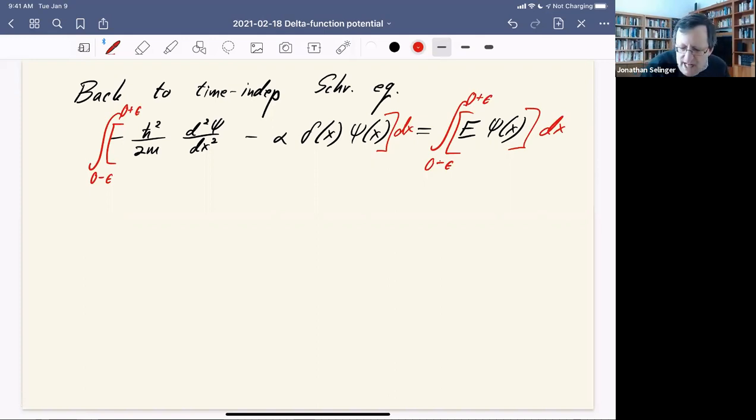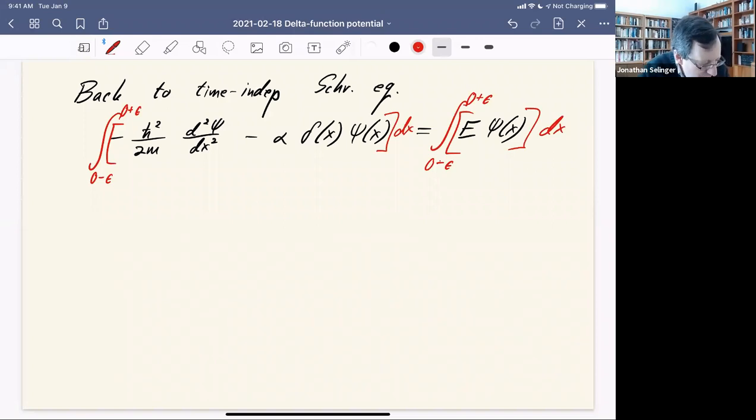Integrate from just on one side of the delta function to just on the other side of the delta function. This is often a good trick for working with delta functions.